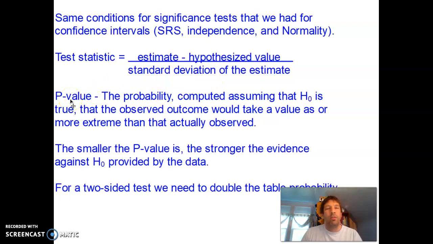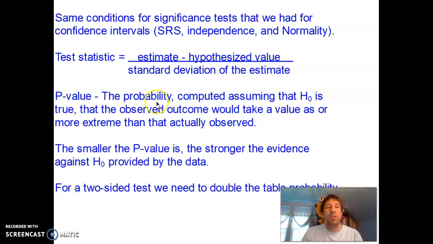And then we get a p-value. Desmos, again, is going to do this for us, but if you take a class like AP Statistics, you're going to be doing this on your own. The p-value is the probability, assuming the null hypothesis is true. So we always assume that the null hypothesis is true.